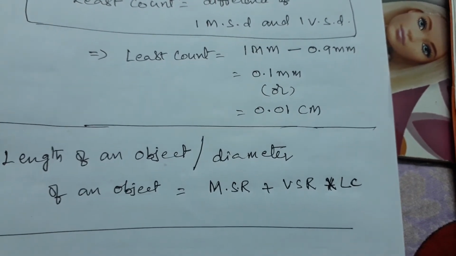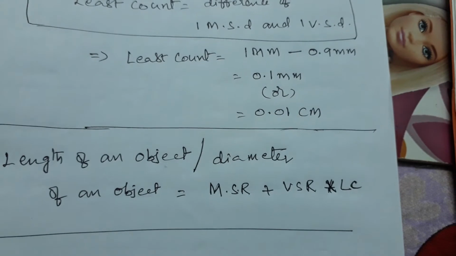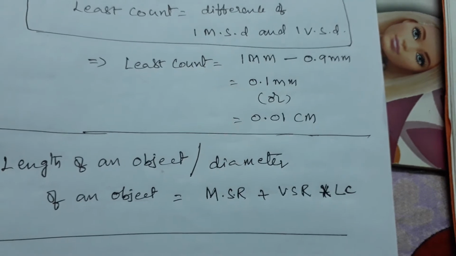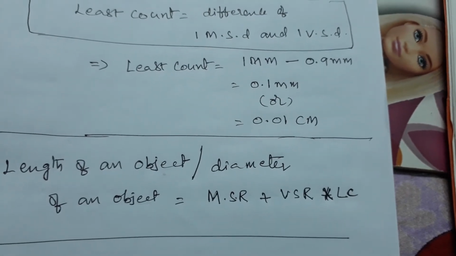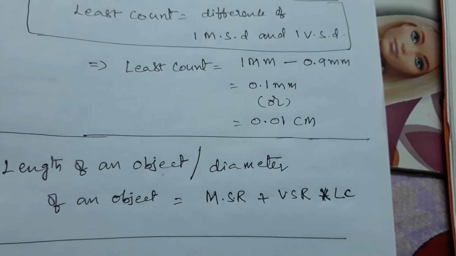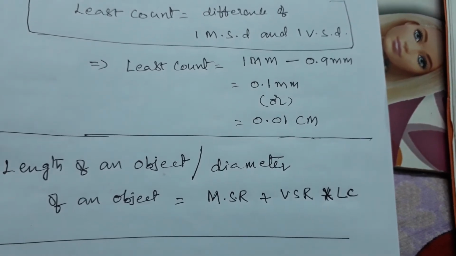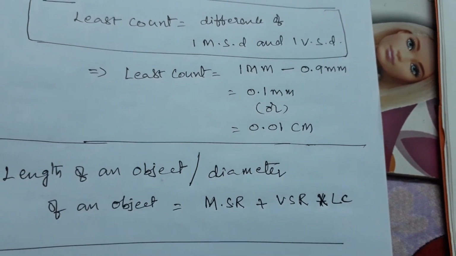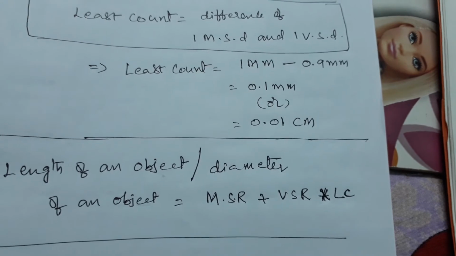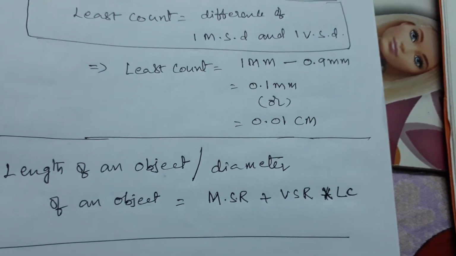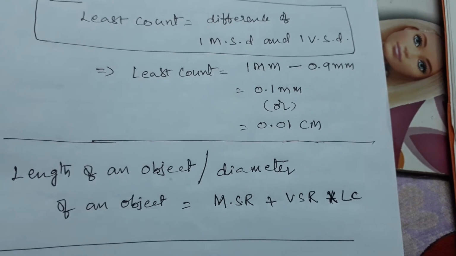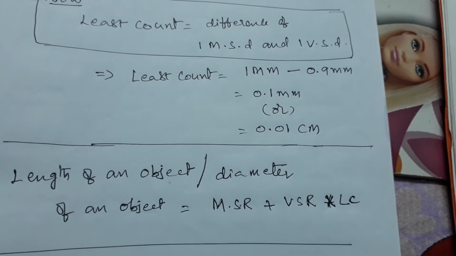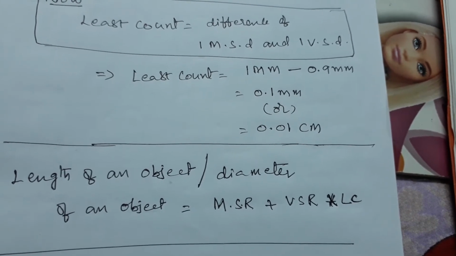Now, what does MSR mean? It is where the zero division of the Vernier scale coincides on the main scale after placing the object in the Vernier calipers. Before the object is placed, the zero division of the Vernier scale and the zero division of the main scale coincide.